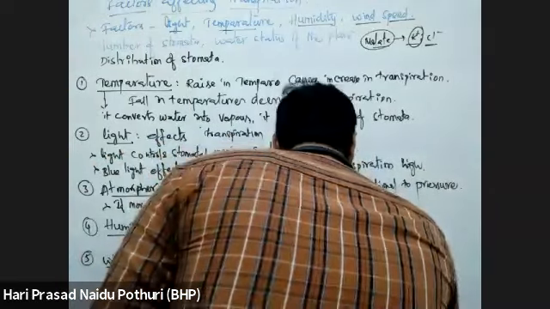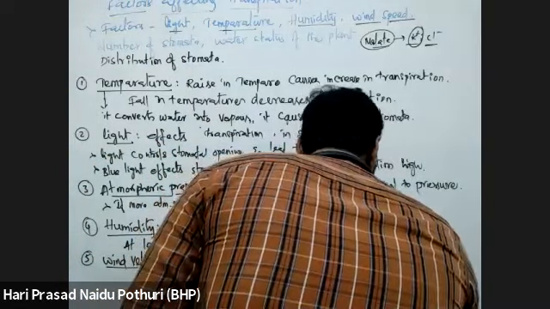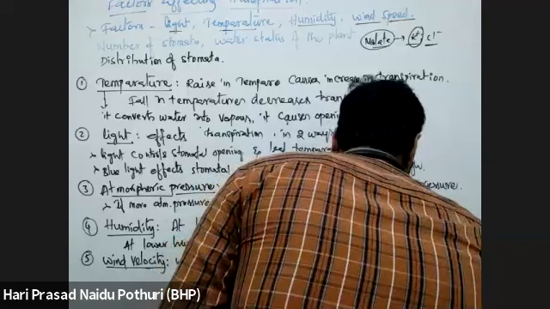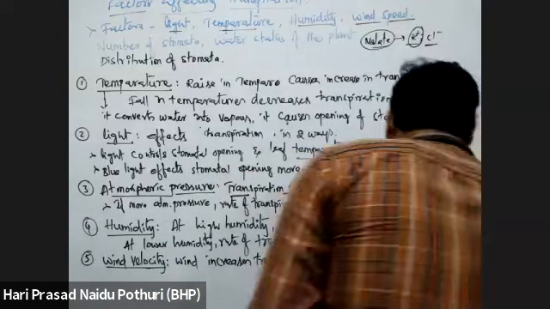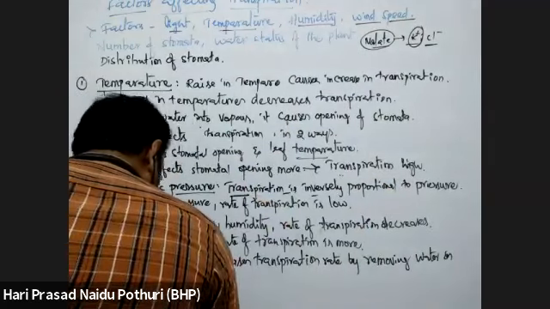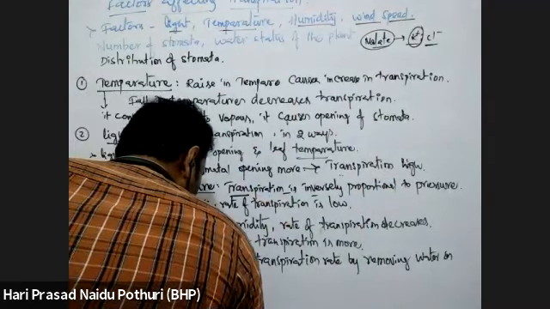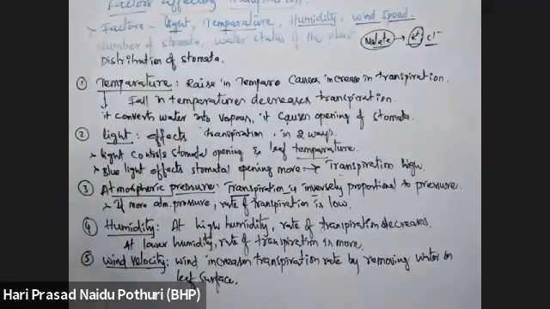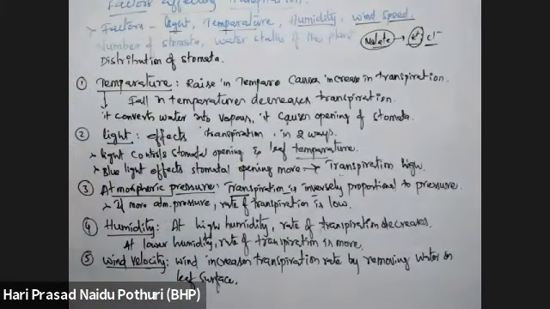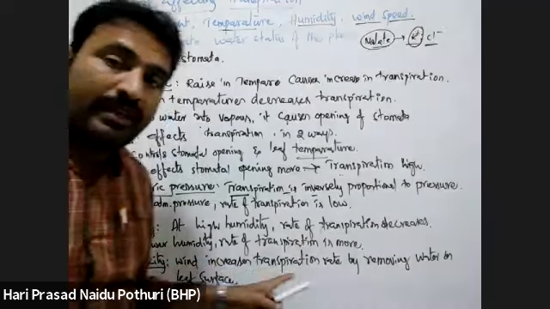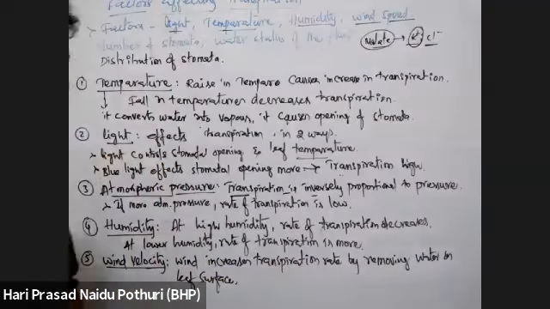So it increases the transpiration rate by removing water on the leaf surface. Whatever water is present on the lamina surface is removed by the wind. As wind removes the water, the lamina gets dry. As the lamina gets dry, the rate of transpiration will increase.